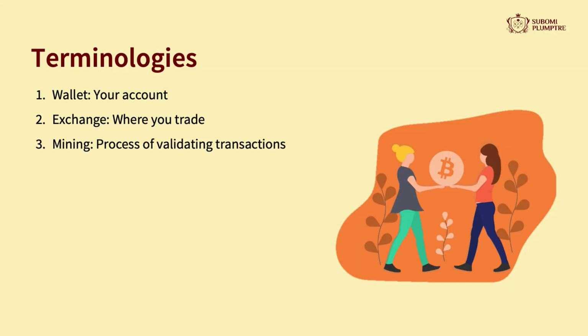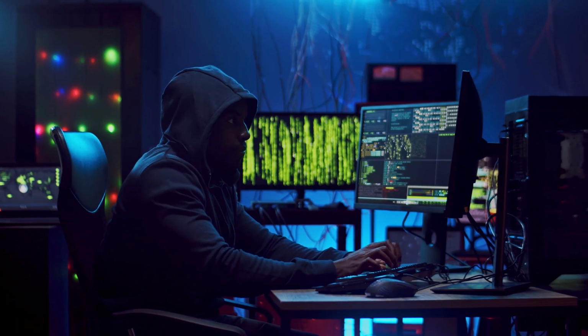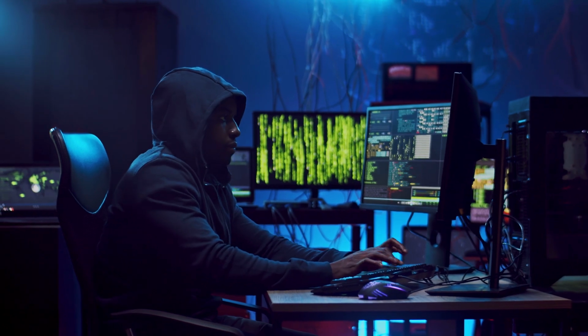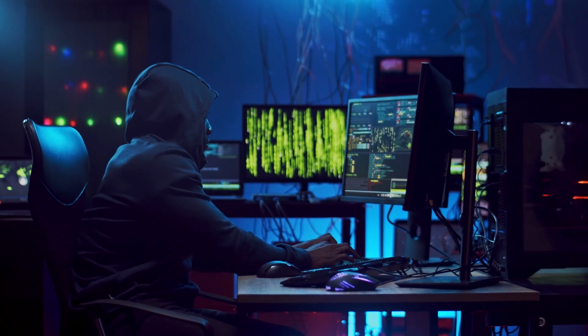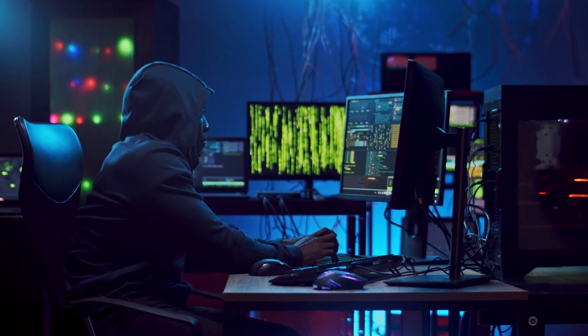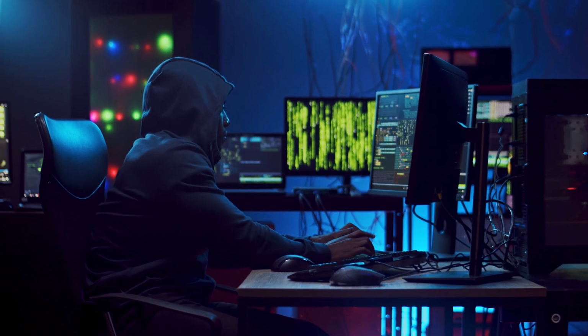Mining is the process of validating transactions. So remember, I kept on talking about nodes. It's almost synonymous with mining. So mining is the process of validating transactions. It's also the process of issuing new coins as well.